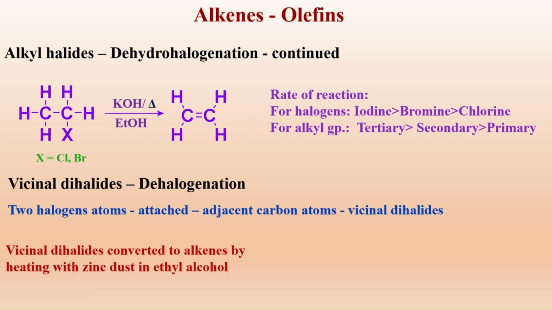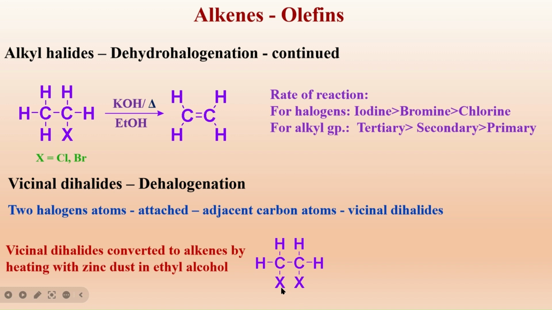These vicinal dihalides are converted to alkenes when we heat them with zinc dust and ethyl alcohol. An example of a vicinal dihalide is CH2Cl and CH2Cl attached to each other, or CH2Br.